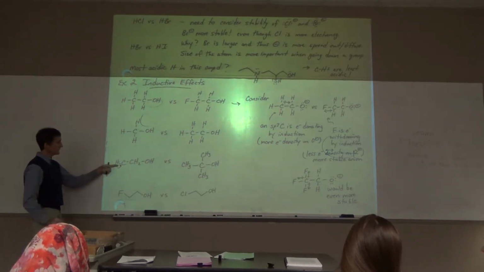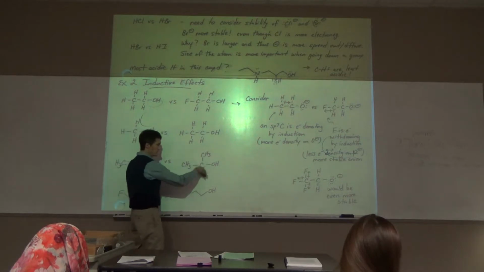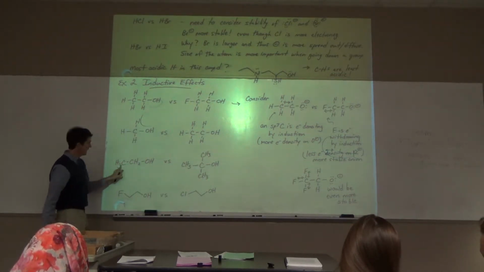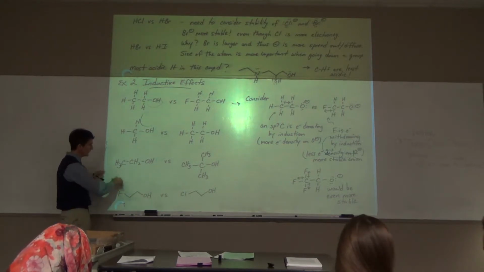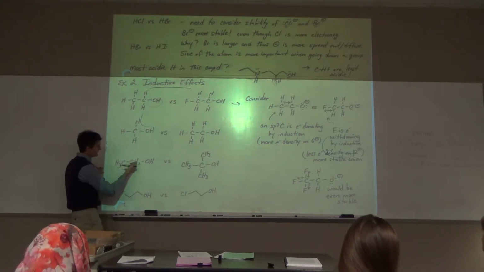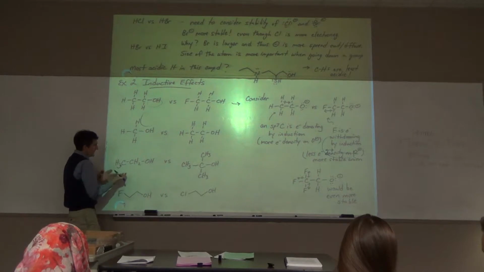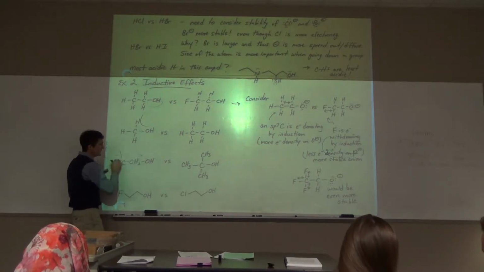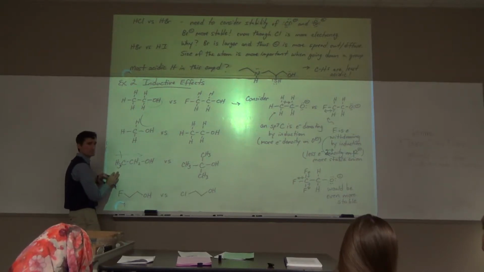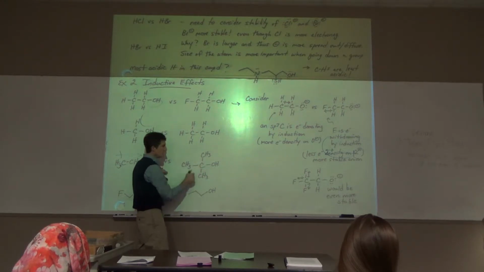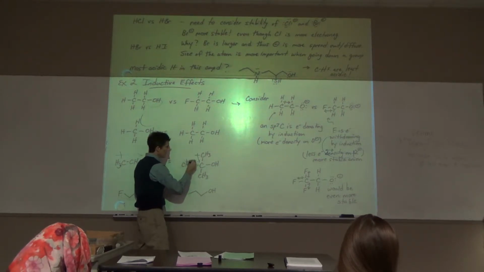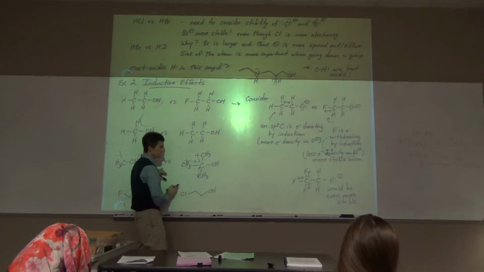Which is more acidic, ethanol or this branched one called t-butanol? Which is more acidic? What do we got going on out here? It's hydrocarbon, nothing really. We do know that these carbons donate. Whenever you have branching, it's like each branch donates. Donation, donation, donation.